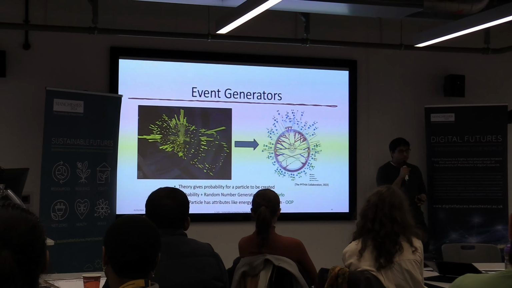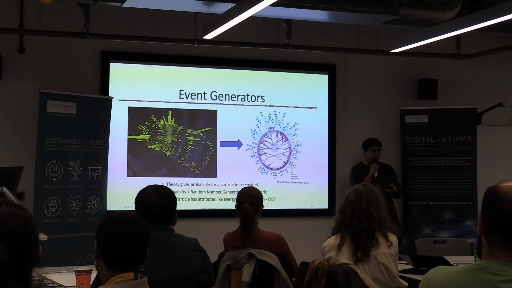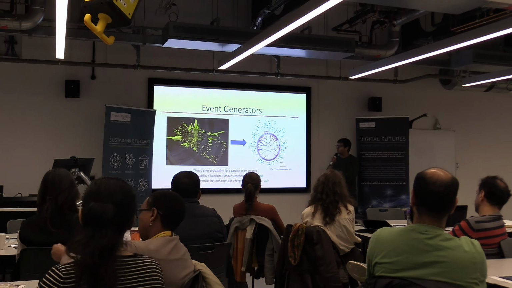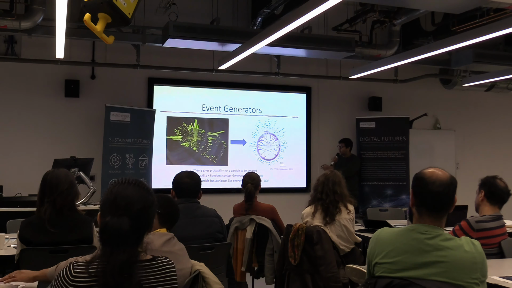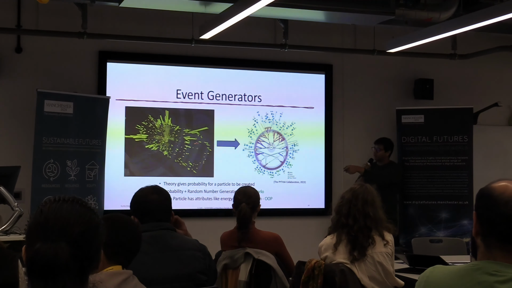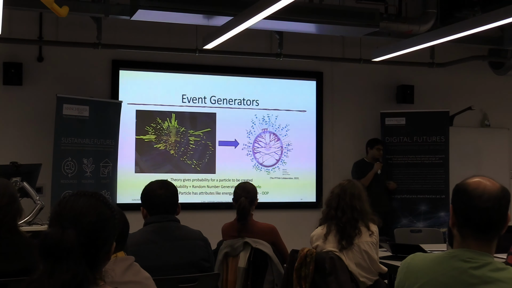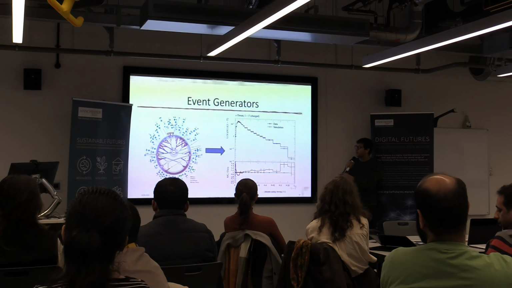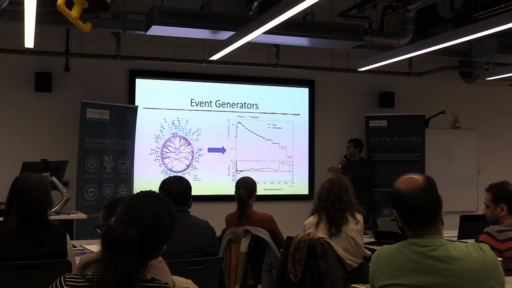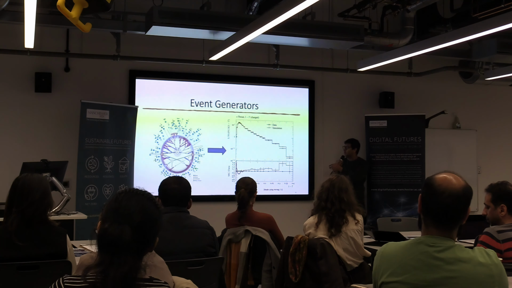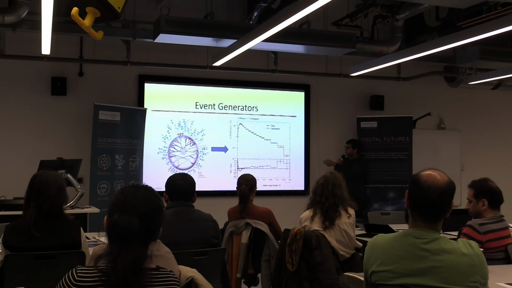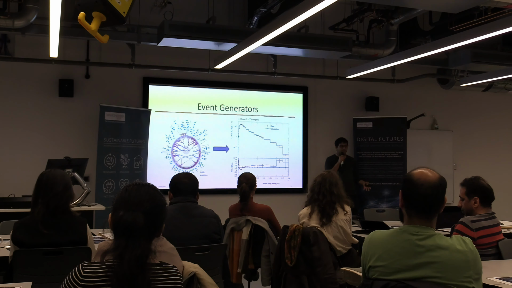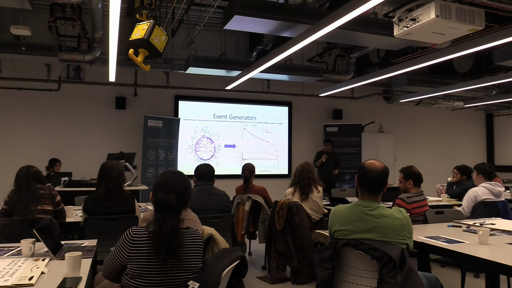You generate a random number, and if this random number is smaller than the chance, you generate the particle. You do that enough times, and you can get a very close representation of what happens in particle accelerators like CERN. Once you've done that, we compare it to the data you see at these accelerators. Where there are deviances, that's where our current understanding of the universe is not quite right.